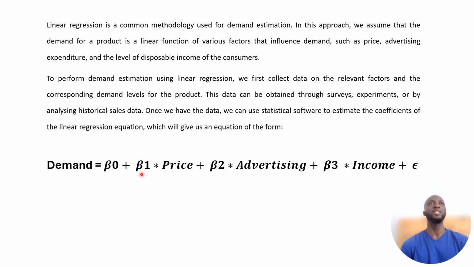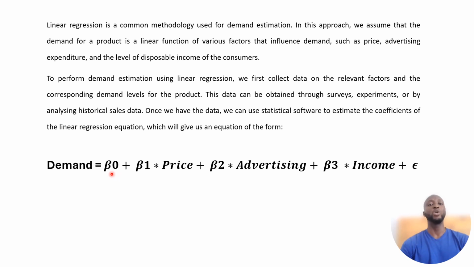But that was just a linear demand function explaining the relationship between price and quantity demanded. In this case, we are adding other factors. Now we are saying that there could be advertising, income. I could go on to add geographical location, gender, which may not be a real scenario, just to indicate that there are other factors besides price that can affect demand.